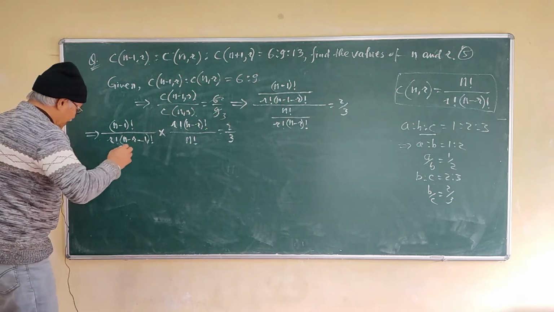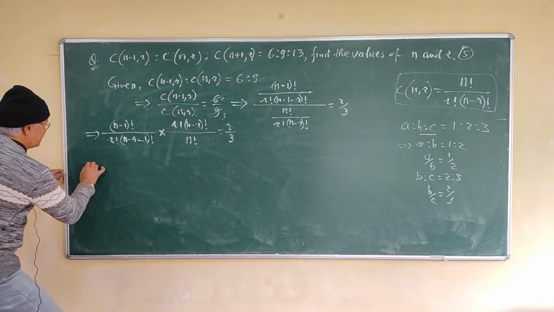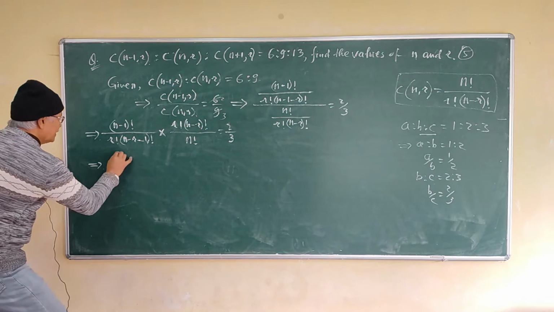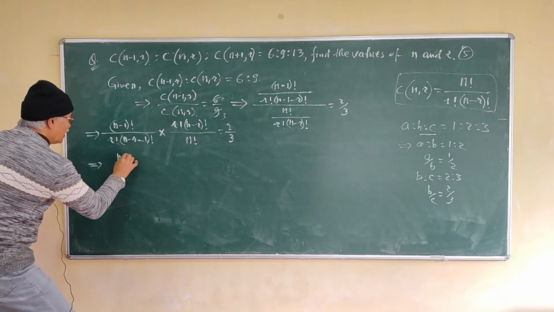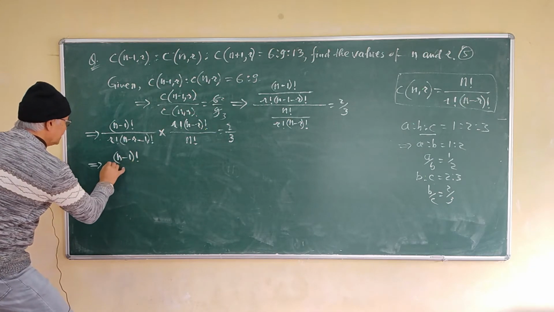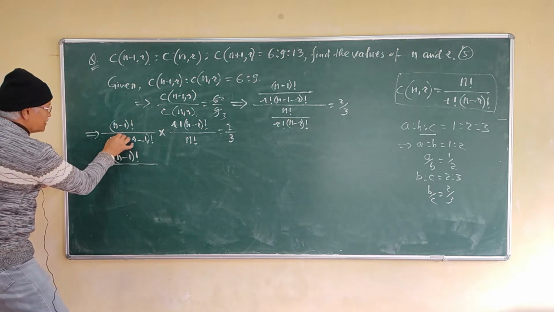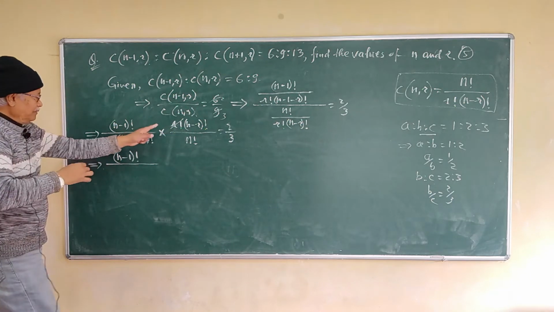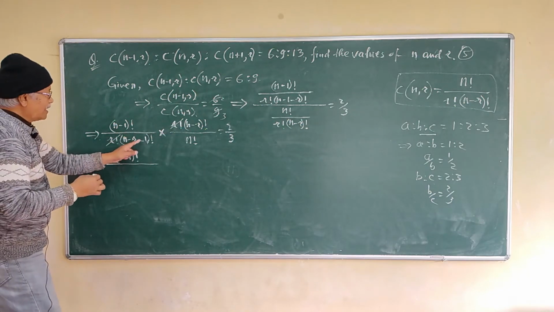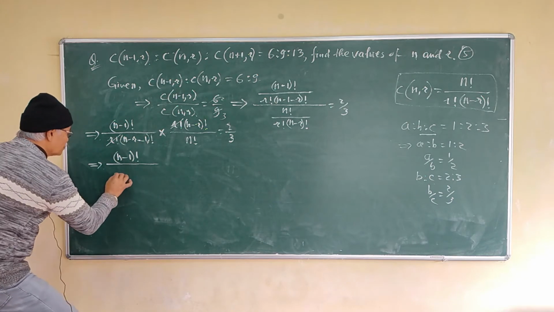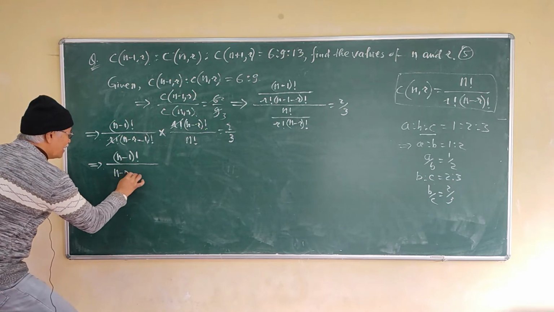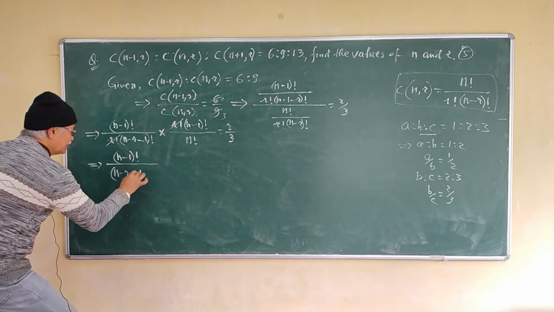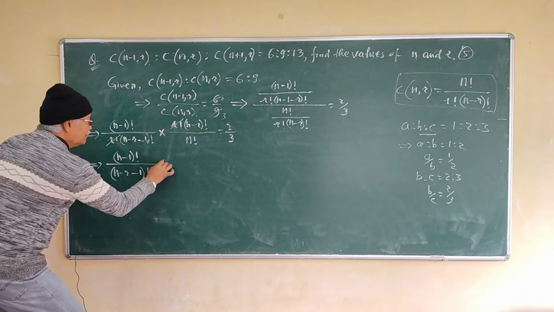Okay, let's write it down that way. (n minus 1) factorial, and then of course this r factorial and r factorial can cancel away right away, right? (n minus r minus 1) factorial.